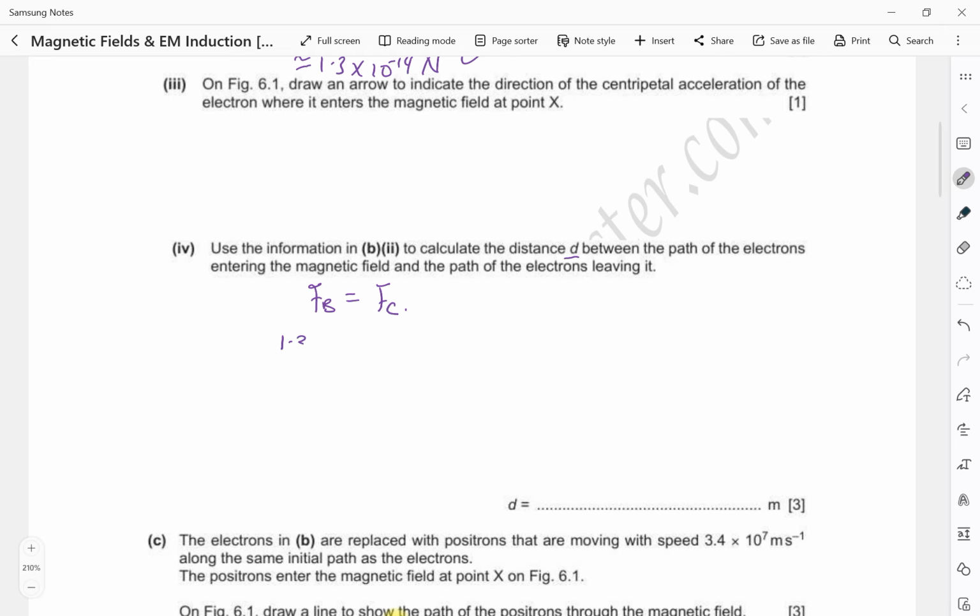So 1.3 times 10 to the power of minus 14 is equal to mv squared over r. So the radius is going to be equal to the mass of the electron, which is 9.11 times 10 to the power of minus 31, times the speed, 1.7 times 10 to the power of 7, squared. I'm making r the subject, so I will divide by 1.3 times 10 to the power of minus 14.